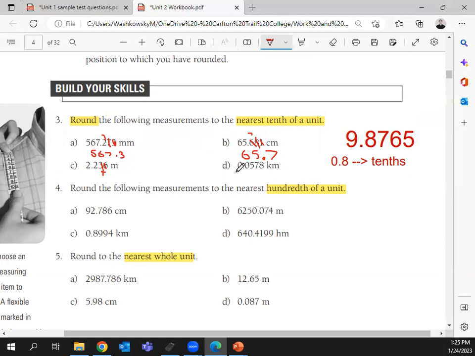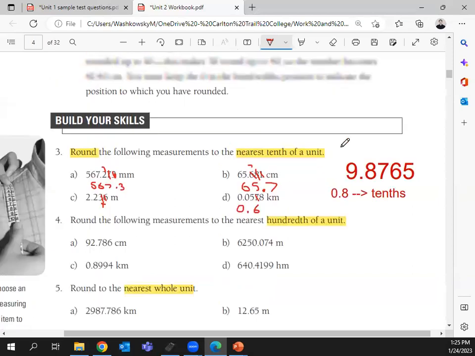No, nearest tenth of a unit, yeah. Yeah, so this one would be 0.6, right? You work from the right to the left. The 8 is going to turn the 7 into a 9. Sorry, the 7 is now an 8, and that 8 rounds that 5 up to a 6. So you should end up getting 0.6 there.